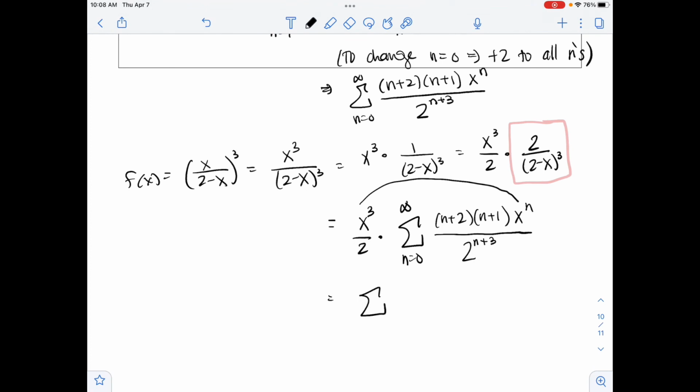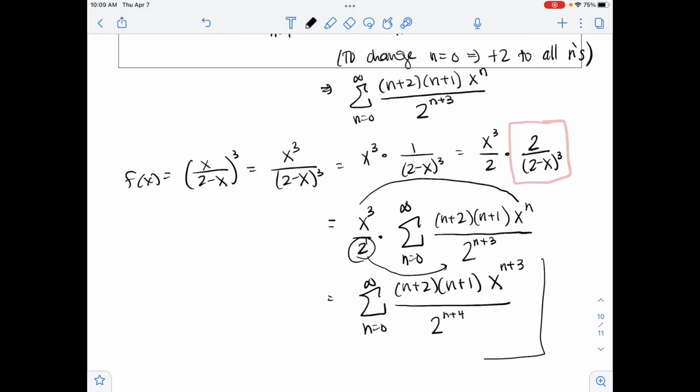So it's going to be the sum from n equals 0 to infinity of n plus 2 times n plus 1 times x to the n plus 3 all over, and currently we have 2 to the n plus 3, and there's one more 2 that we're going to add in, so it's 2 to the first, so now this is going to become 2 to the n plus 4. And this would be our power series representation for this function.